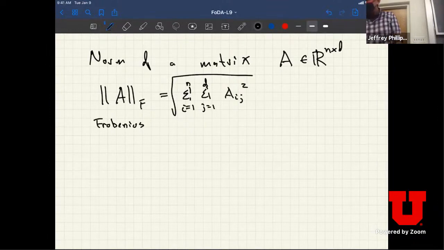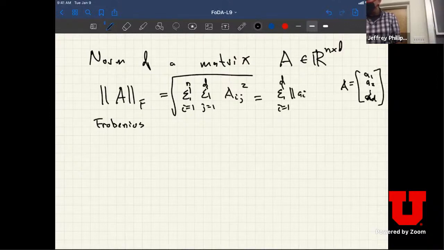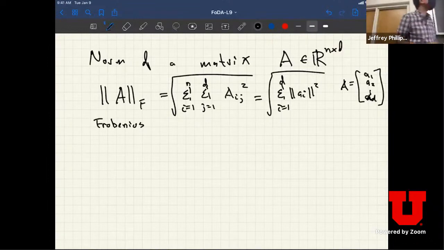Okay, so this is the Frobenius norm. If I write A as a bunch of these vectors stacked together, then I can write this as, and this is sometimes useful to think about, another little L2 norm inside of here, squared, because the squared L2 norm is the same thing that's going on here for fixing i.